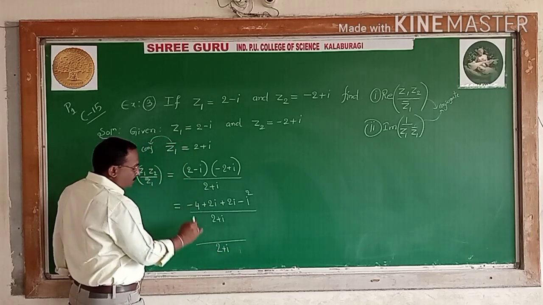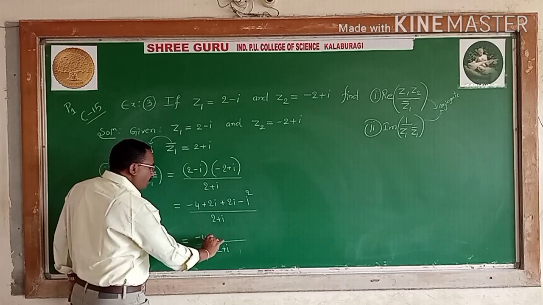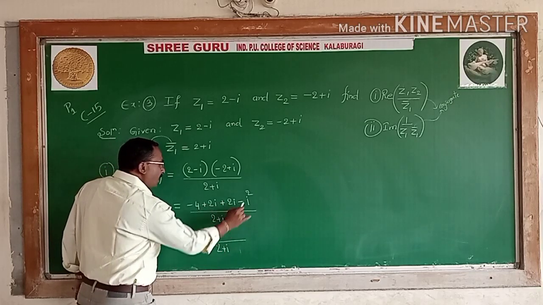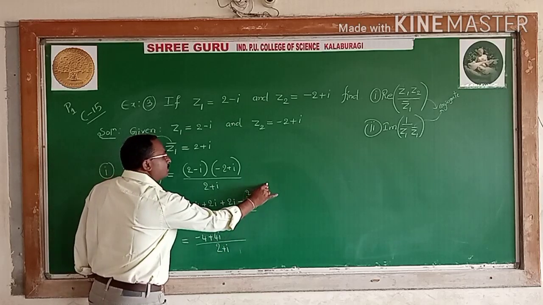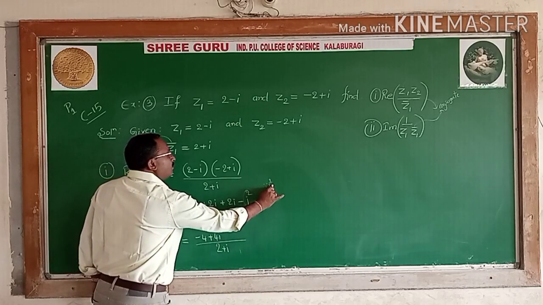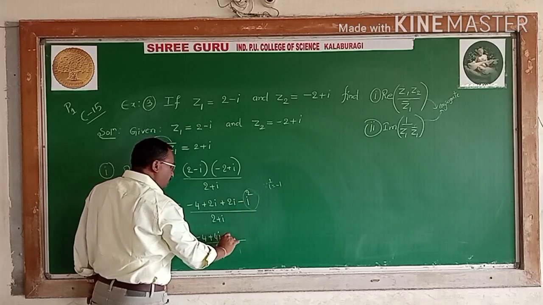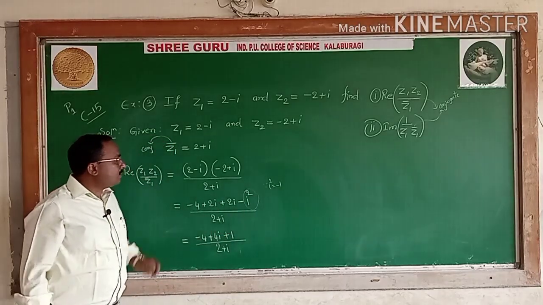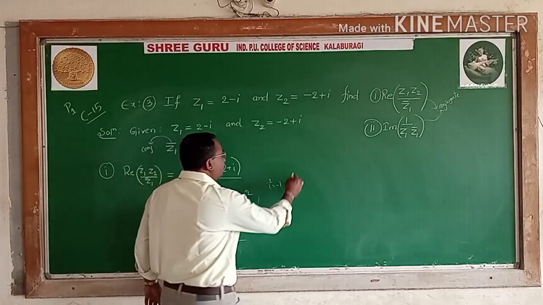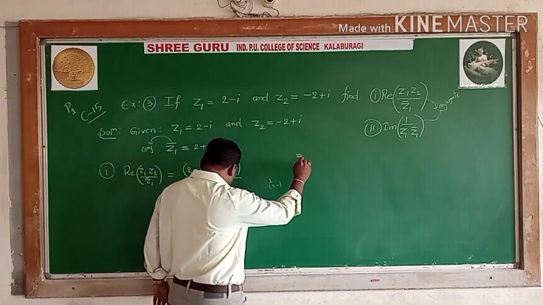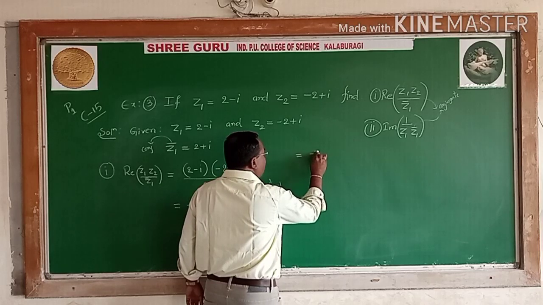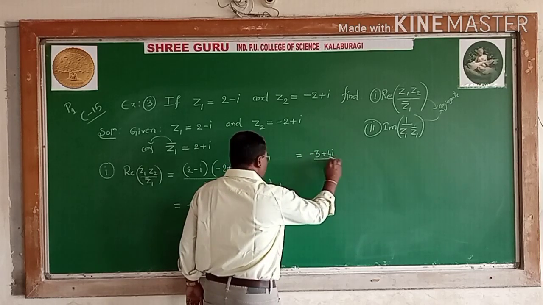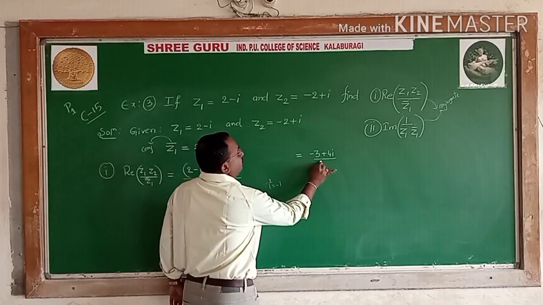The i square value is minus 1, so minus minus is plus 1. Minus 4 plus 1 is minus 3 plus 4i, divided by 2 plus i.